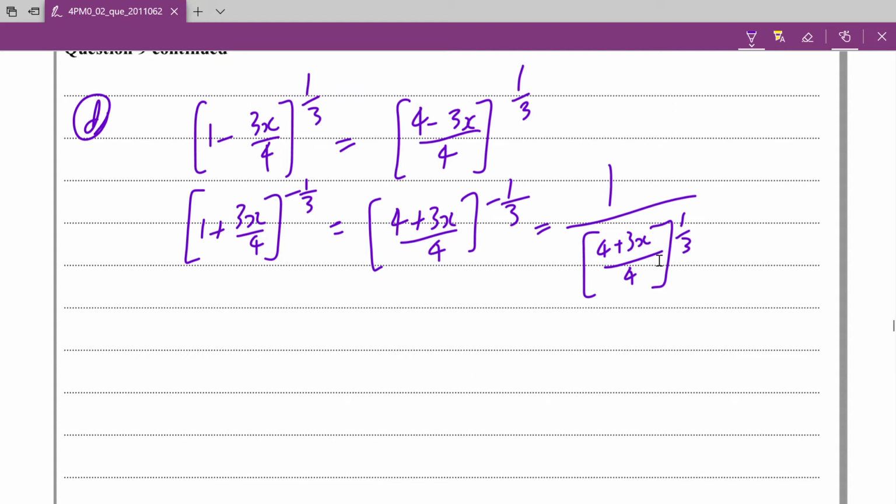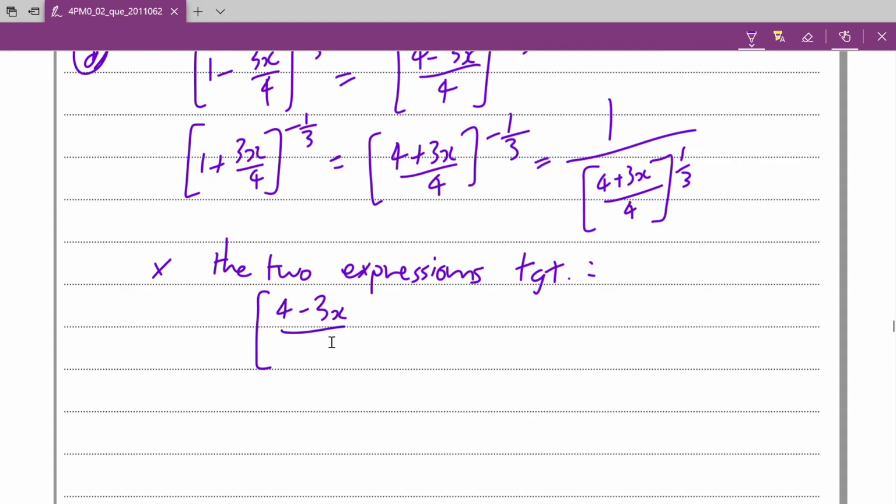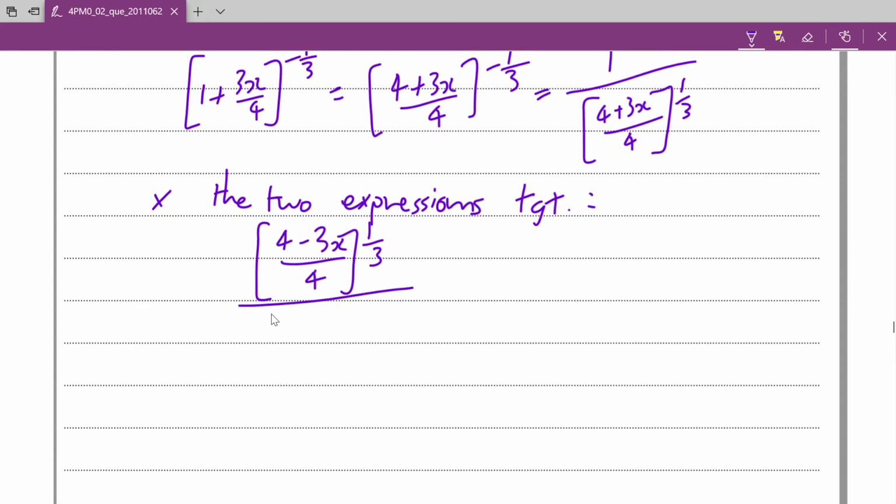So you may be noticing something here. If we were to multiply the two expressions together, we would get a rather large fraction, which looks like this: ((4 minus 3x) over 4) to the 1/3, divided by ((4 plus 3x) over 4) to the 1/3.